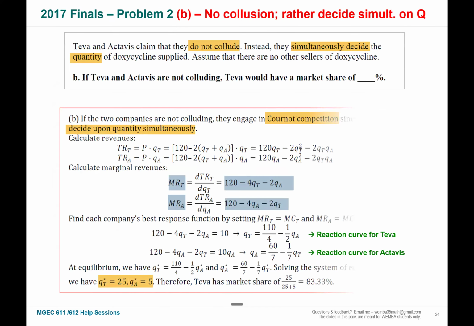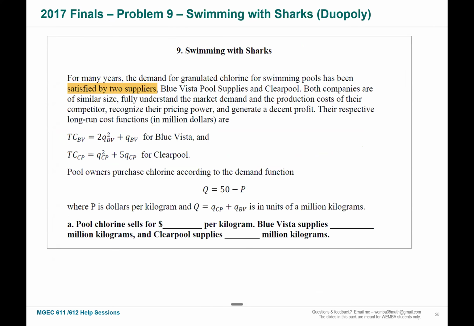Yes. Okay, let's try one more. 2017 finals. The previous one was 2017 finals, and this is also 2017 finals, so the same exam, two problems. For many years, the demand for granulated chlorine for swimming pools has been satisfied by two suppliers. So you know that's a duopoly. Blue Vista Pool Supplies and Clearpool.